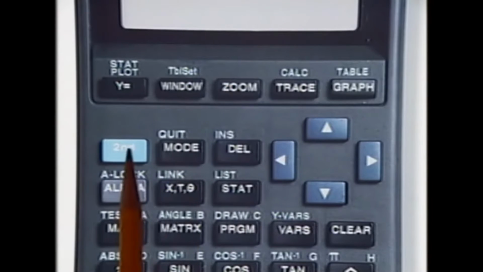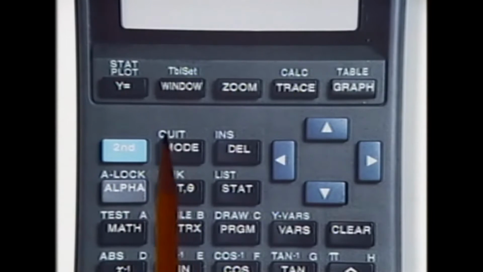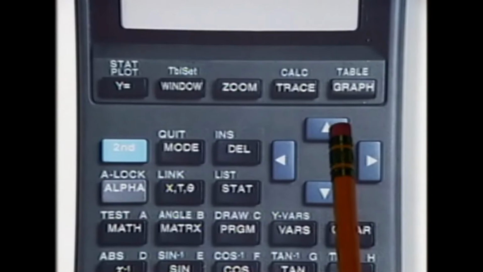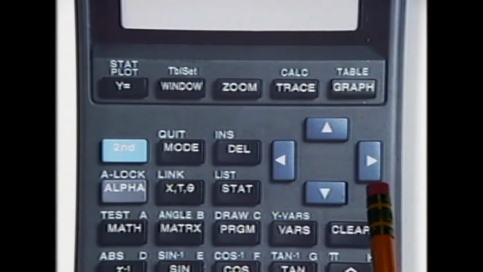So we'd have to push second mode to quit. Then we have the mode key, and then this one is the delete and the insert. These help us edit what we've written incorrectly by deleting or inserting a character. And these 4 move the cursors up, down, left, and right.